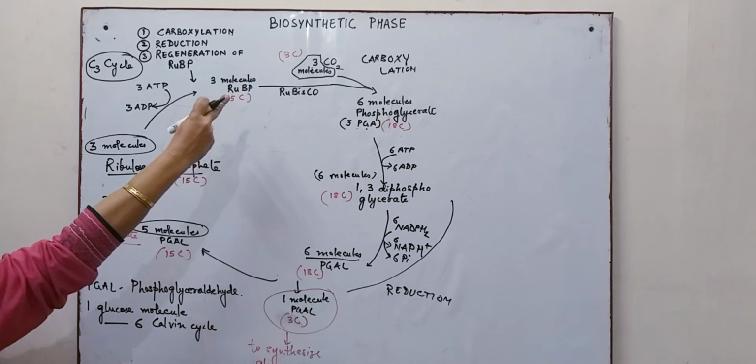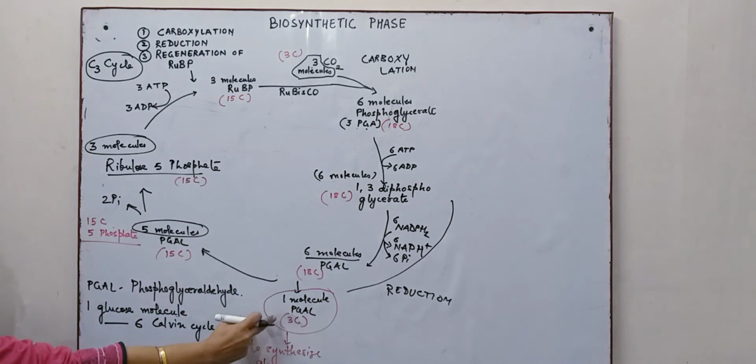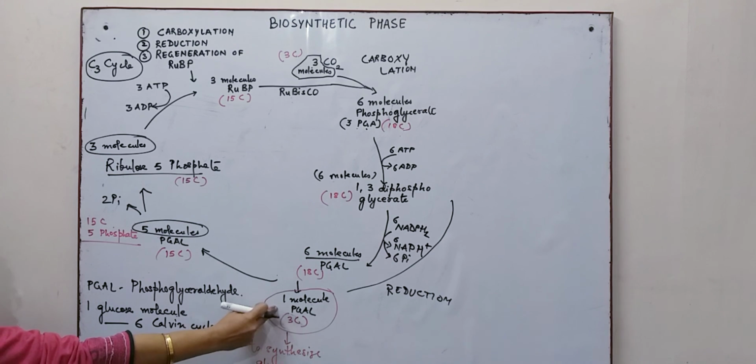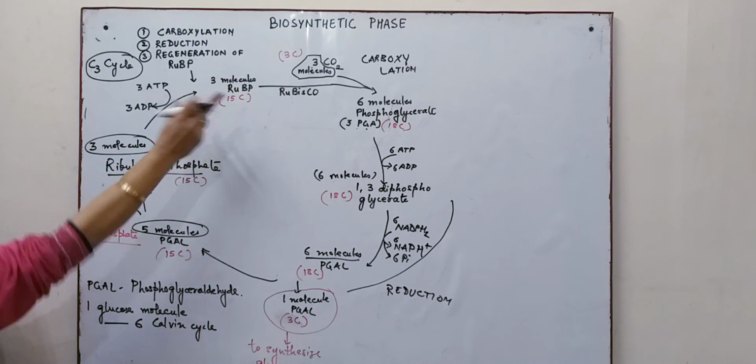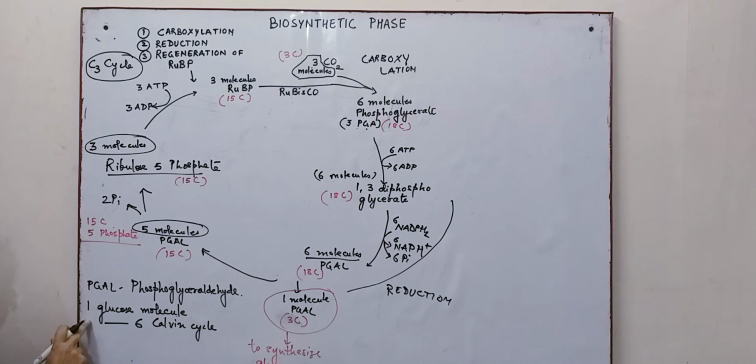Otherwise, if we had taken 1 carbon dioxide, it would have been difficult to separate out PGAL in fractions. So for our convenience, we have used 3 carbon dioxide. For the synthesis of 1 glucose molecule, there is a requirement of 6 Calvin cycles.